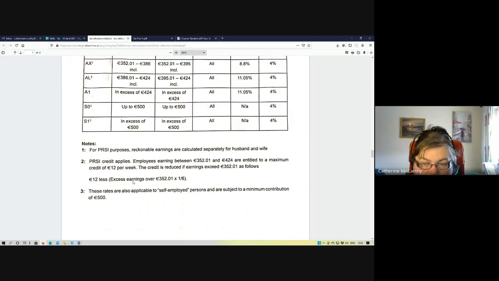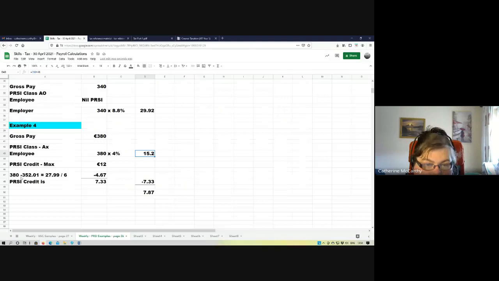You take the excess earnings over 352.01, so 380 less 352.01 gives us 27.99, and 27.99 divided by 6 gives us €4.67.